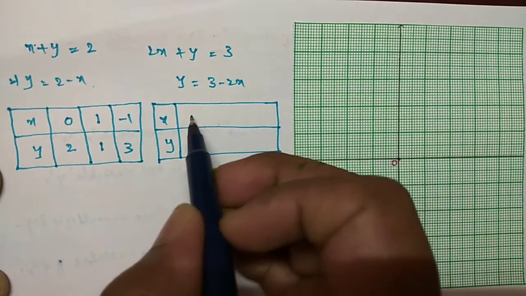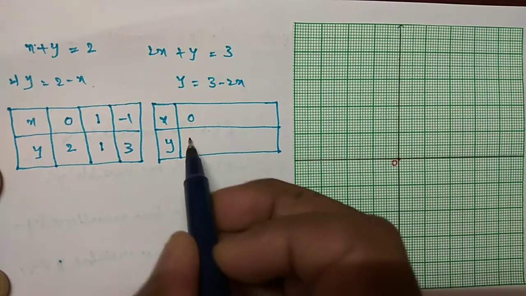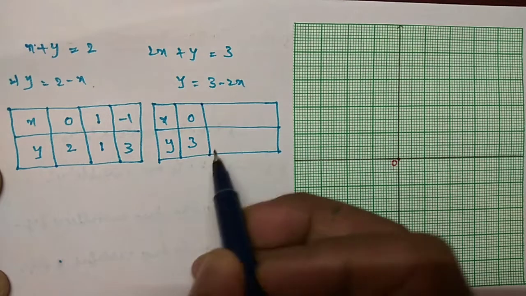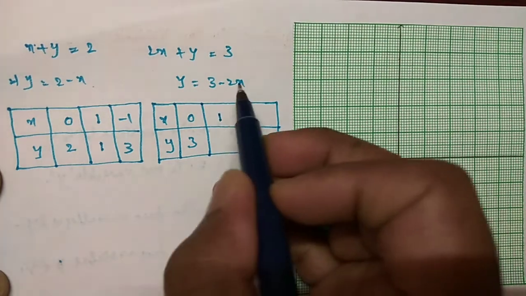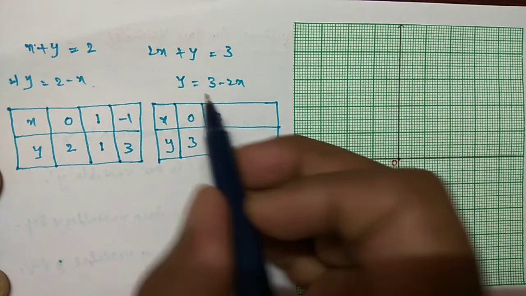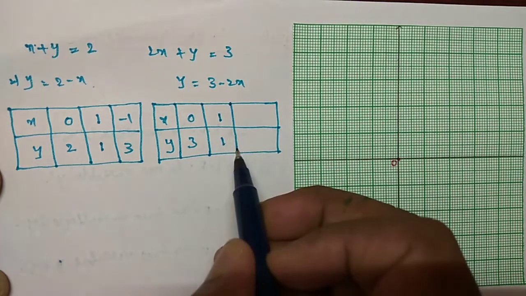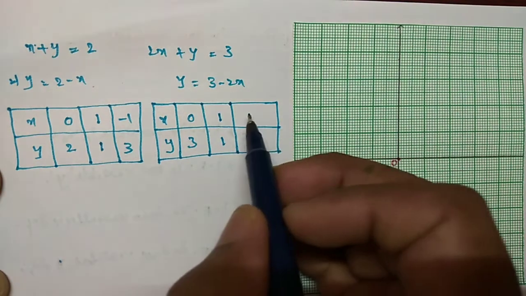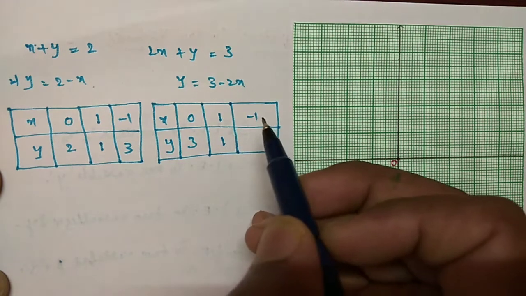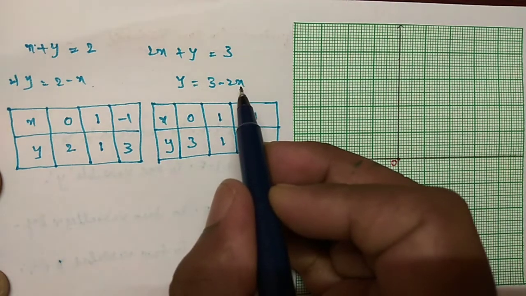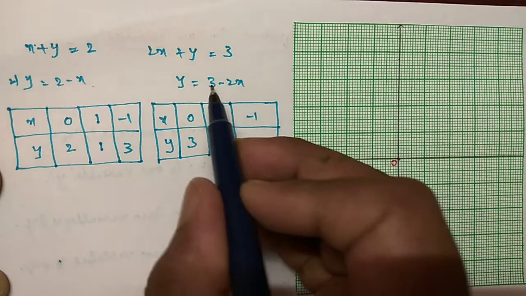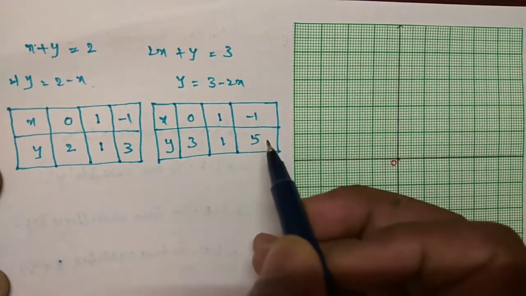If x is 0, 3 minus 0, y is 3. If x is 1, 2 ones are 2, 3 minus 2 is 1, so the y value is 1. If it is minus 1, then 2 plus 3, 5.